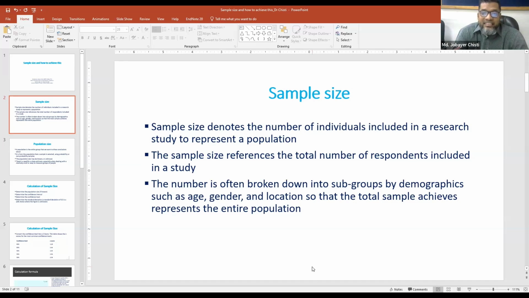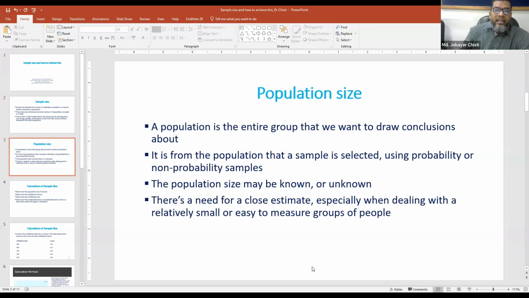And it needs to be representative of an entire population. It even needs stratification by age, gender, location, and also ethnicity. And the population size is the entire group about which we want to draw conclusions.